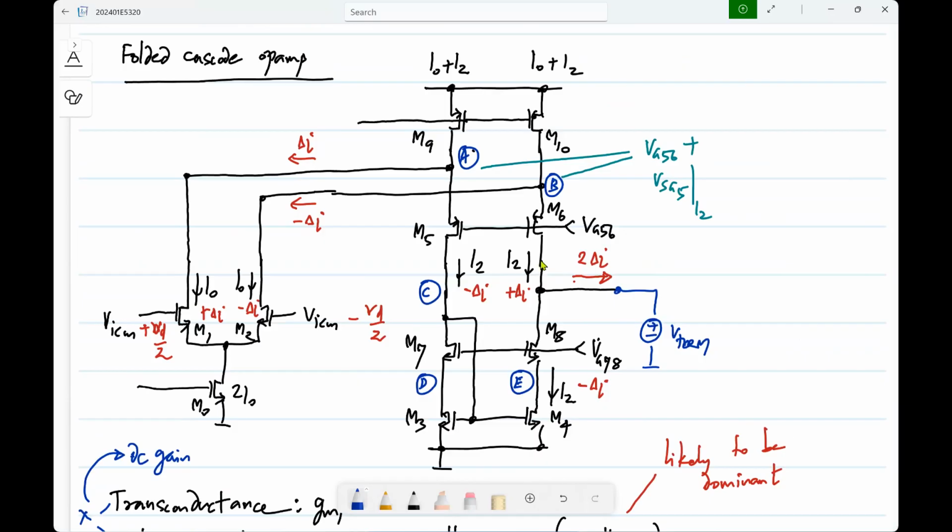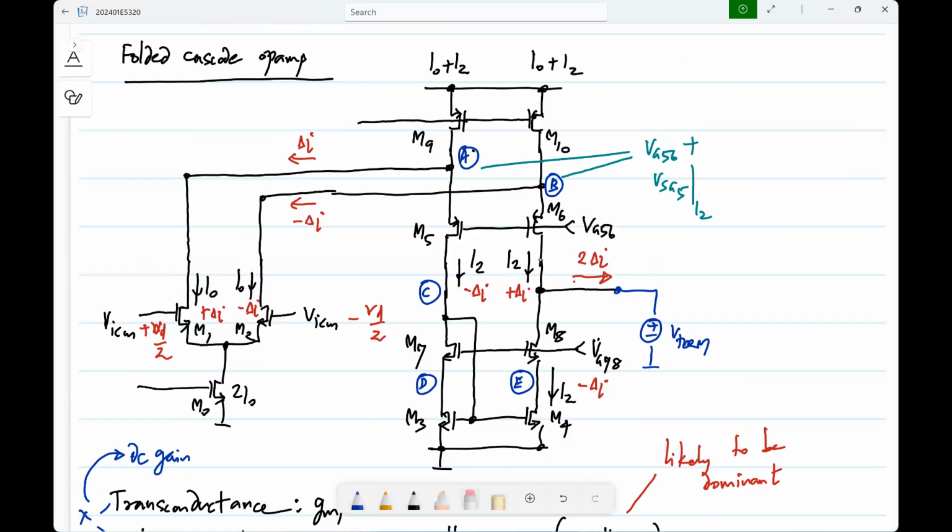What about noise and mismatch? More. Why? So everything else remains the same as before. What did we do for noise and mismatch? We connected current sources across each of the devices, right?